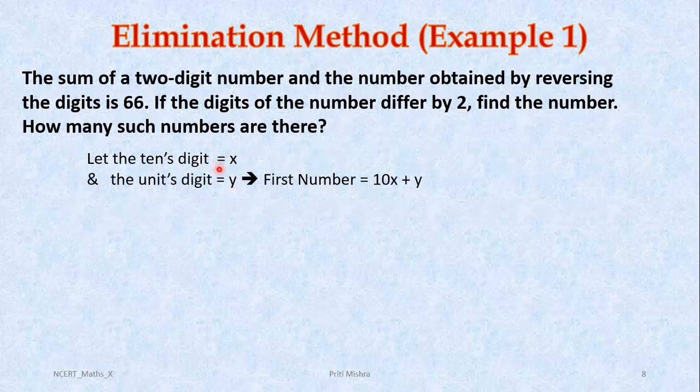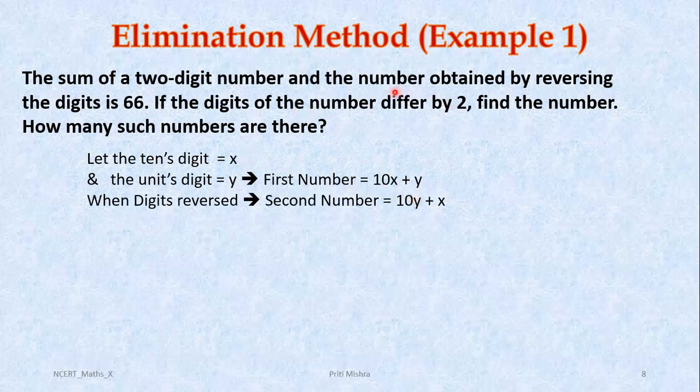The number can be written in the form of 10x plus y, x at the tens place, so it will be multiplied by 10. This is the procedure to frame a number. Okay, so our number is 10x plus y.